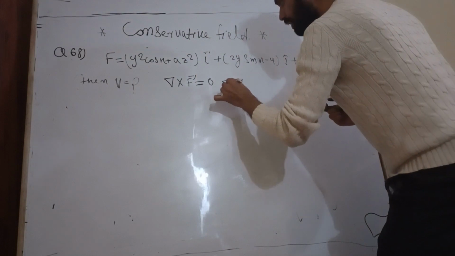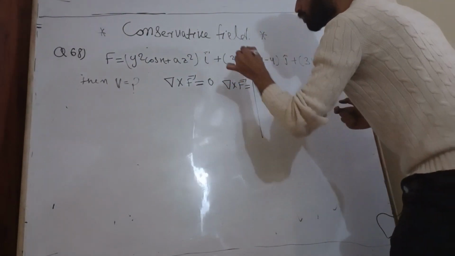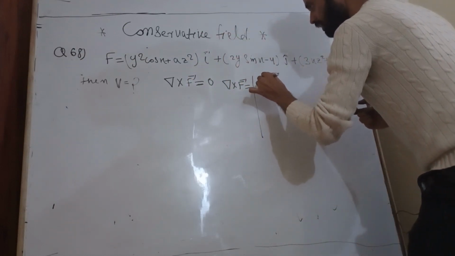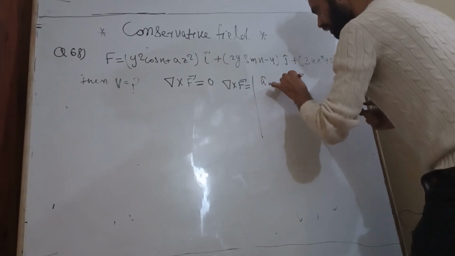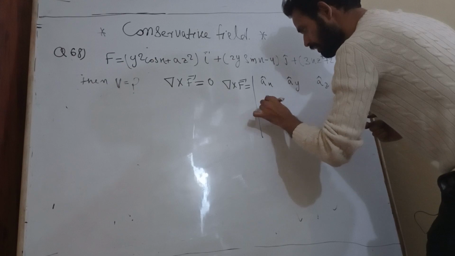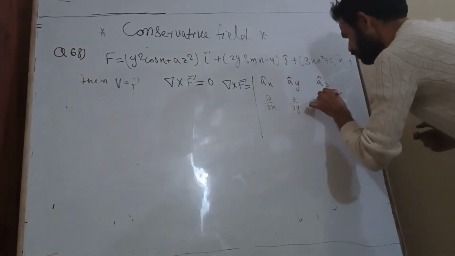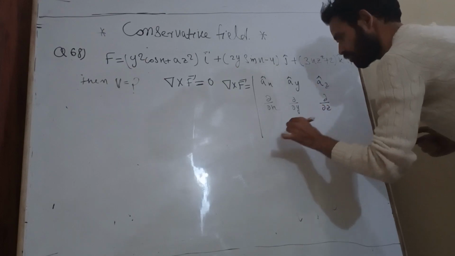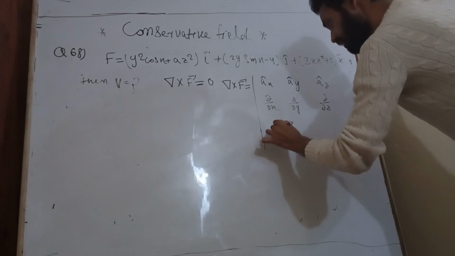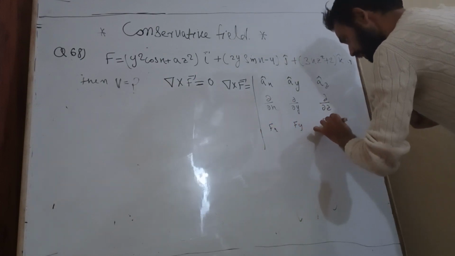For that, as we know very well, del cross F is equal to the determinant with unit vectors x, y, z, then dou by dou x, dou by dou y, dou by dou z, and then Fx, Fy, and Fz.